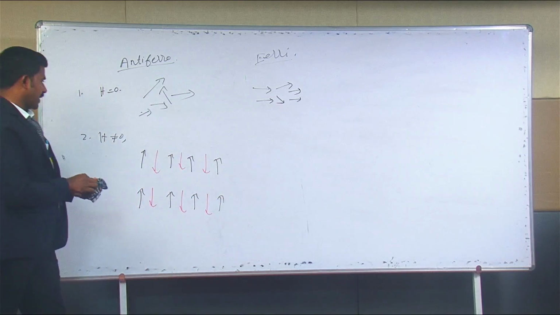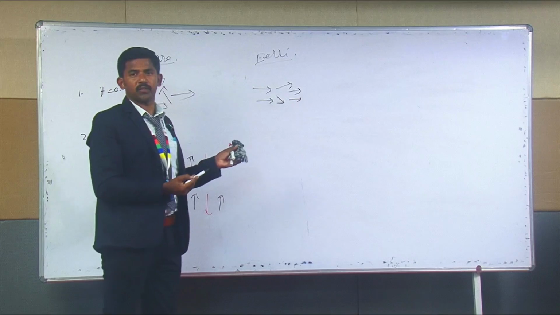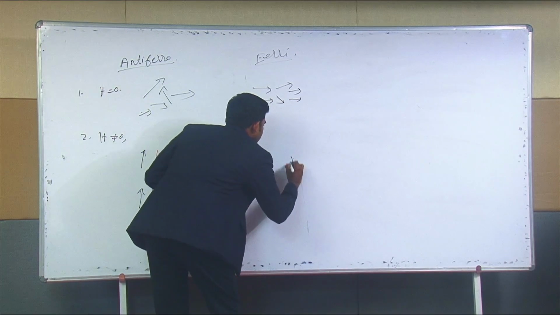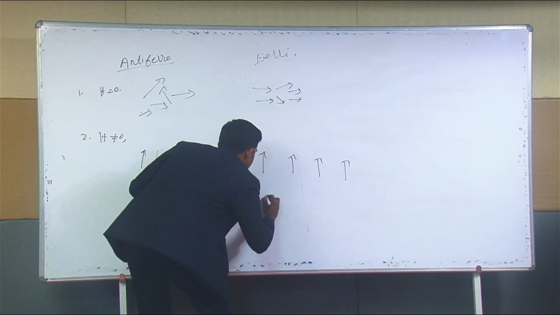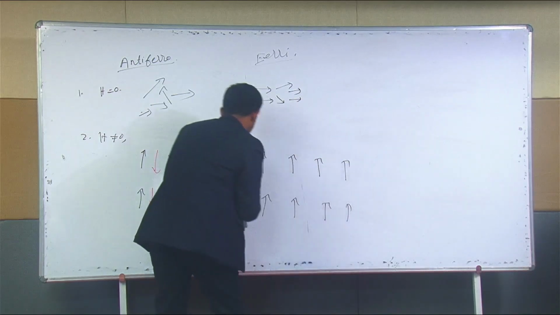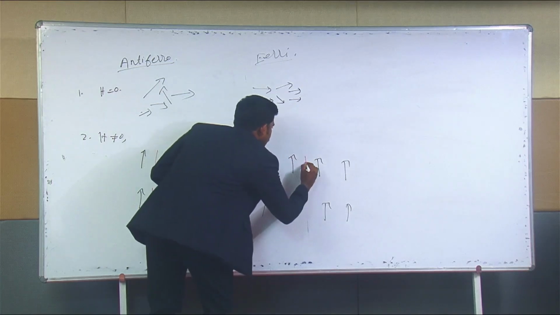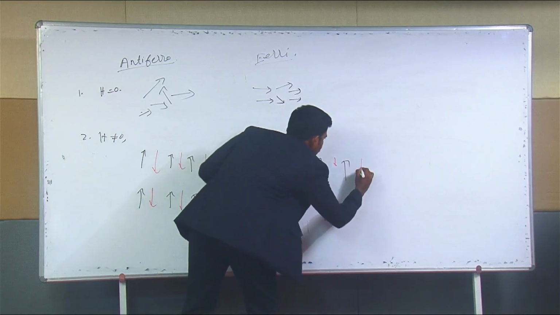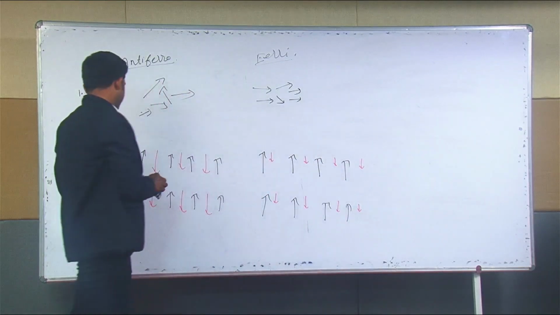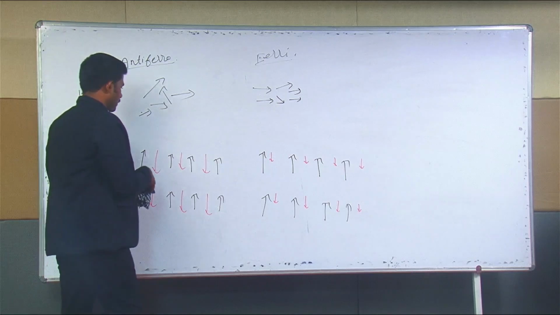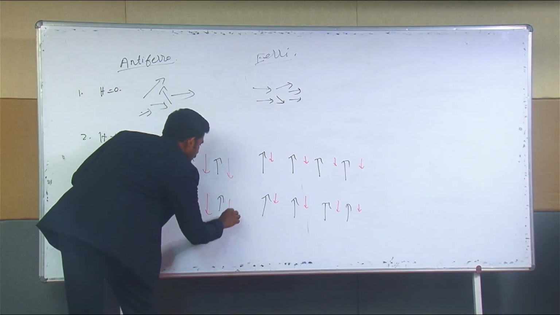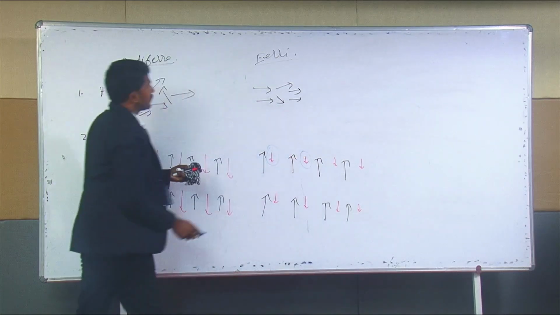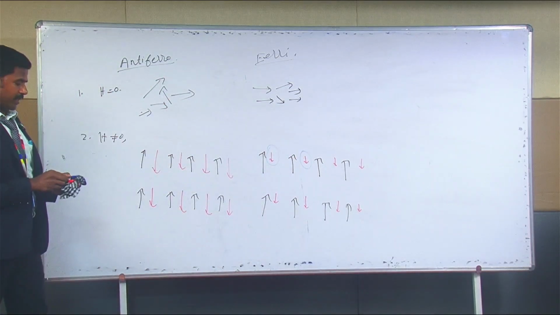In the case of ferrimagnetic also the orientation is opposite, but the magnitude is different, so this magnitude will be the role. That's why it is ferrimagnetic.